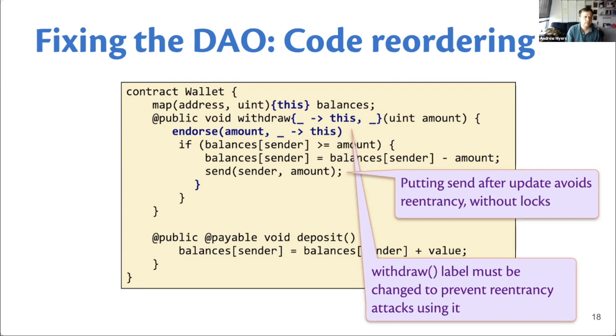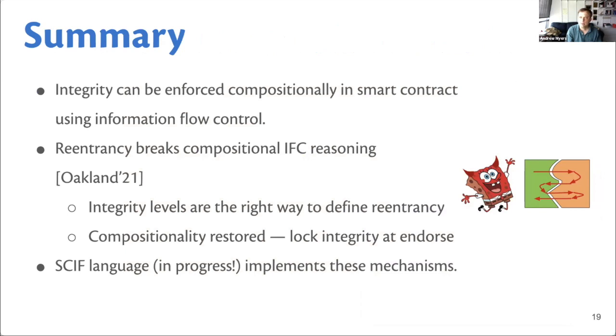Okay, so to wrap up here, what I've been showing you is that we can enforce integrity in a compositional way in smart contracts, and information flow is a really nice way of thinking about how to enforce security compositionally.